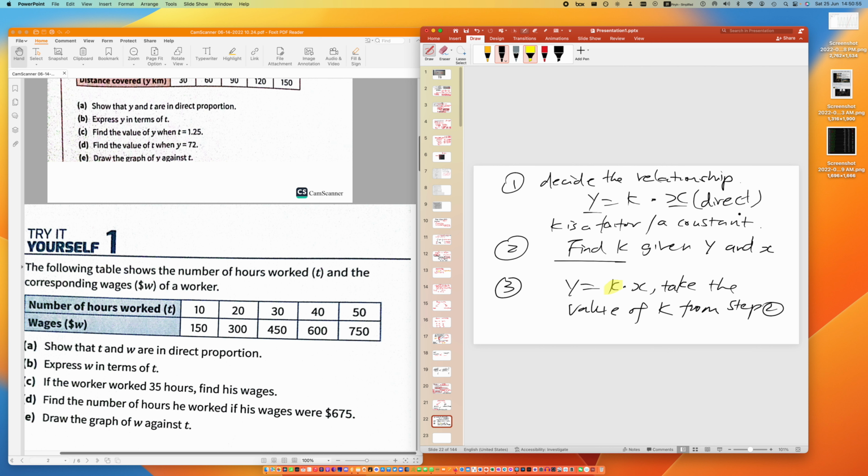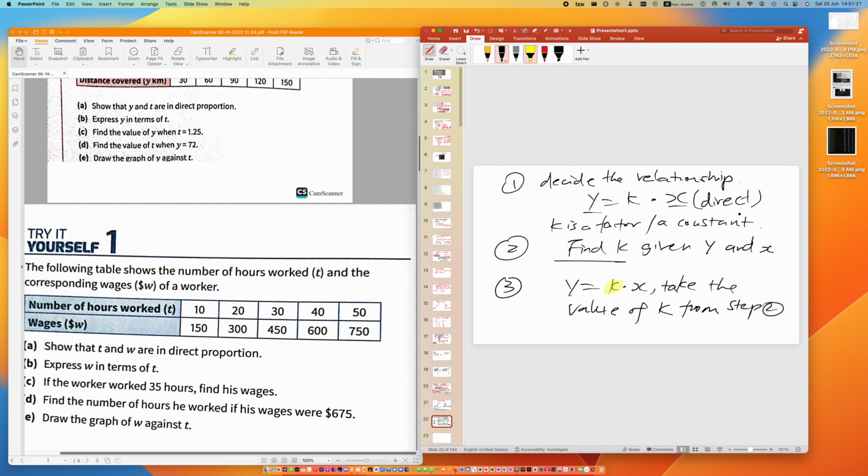If I give you y equals to kx, is the relationship between which two? Say it out loud. Y and X. Very good. K is a constant. The relation is between Y and X.